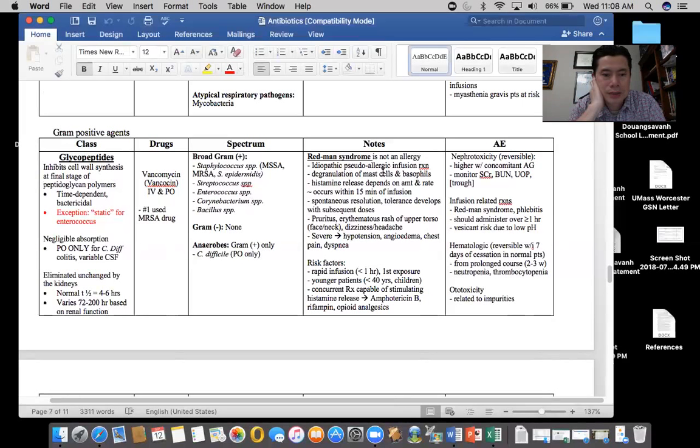You see histamine release depending on the amount and rate, obviously. Especially if you're trying to give it in 15 minutes, it's kind of dangerous. You see dizziness, erythematous rashes up the torso, severe hypertension, angioedema, chest pain. Those are the usual symptoms of red man syndrome. So basically, slow down the drug, or wait a little bit and then reinfuse.